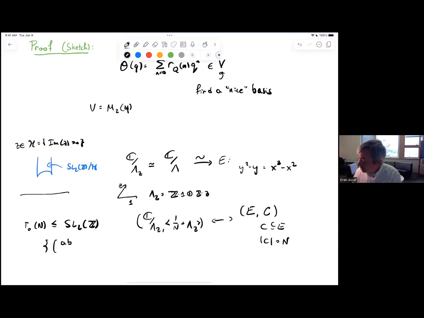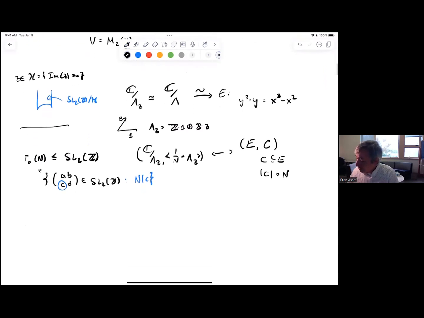And these are all matrices such that this lower left corner is divisible by n. So when we have functions on this moduli space, we call them modular forms.